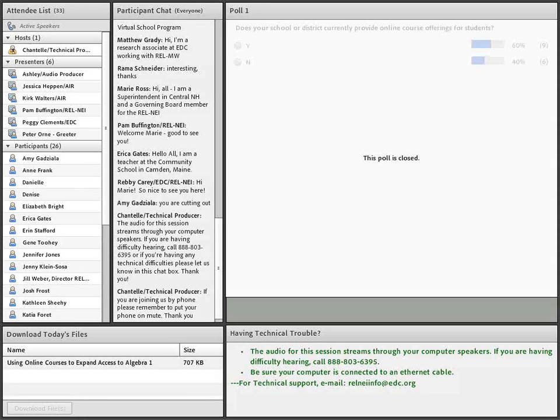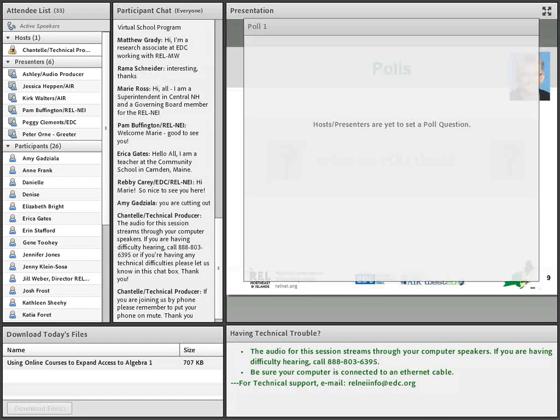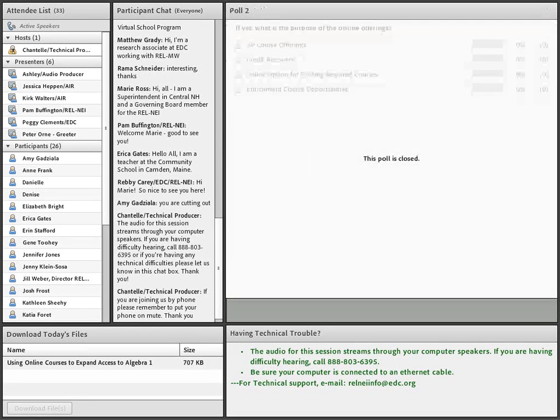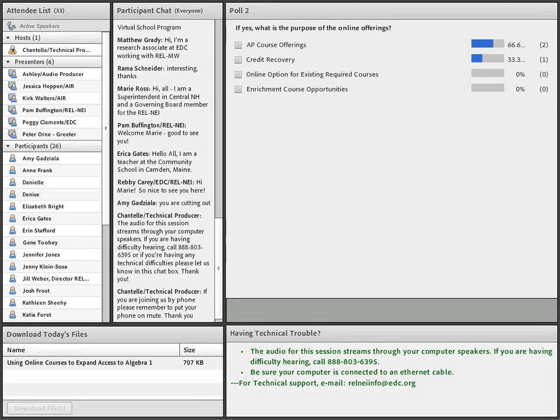The second poll is going to be, if you do in fact offer online offerings, what areas do you offer those in? We have four choices here: AP, credit recovery, online for existing courses, and enrichment. With that in mind, be aware that you can check more than one of these options if you do more than one.